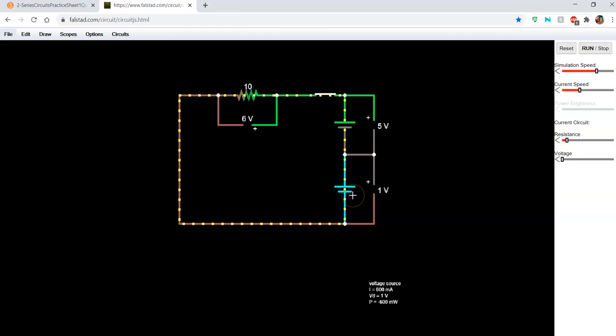Let's see if we can increase this voltage to 10 volts. If I start to increase the voltage, as you can see on this voltmeter, I'm going to increase my voltage to 5 volts. And at the same time that I'm doing that, please observe what's happening with the output voltage.